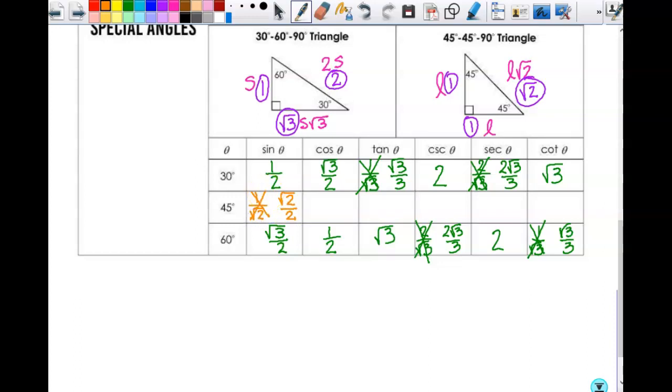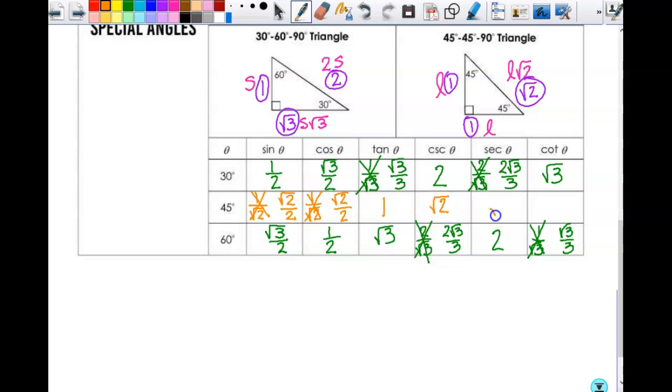Right. Cosine of theta is, again, 1 over the square root of 2, and then that's square root of 2 over 2. So the cosine and the sine of 45 have the same value. Then tangent, what's the tangent of 45? 1. There's 1 over 1. Then cosecant or reciprocal of sine, that makes it the square root of 2.